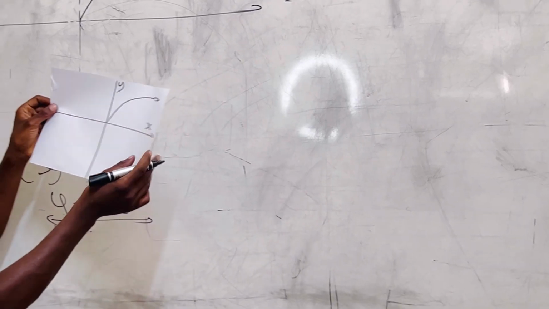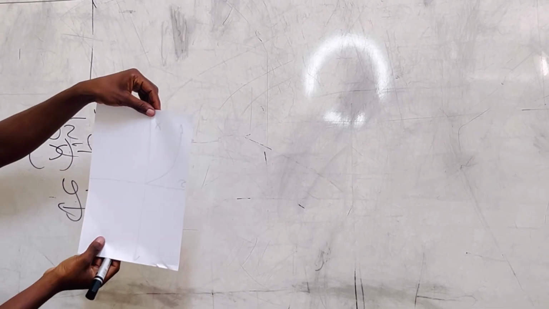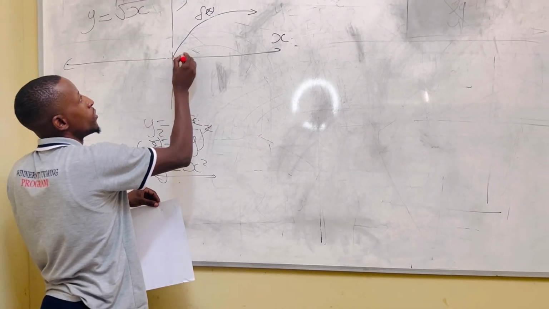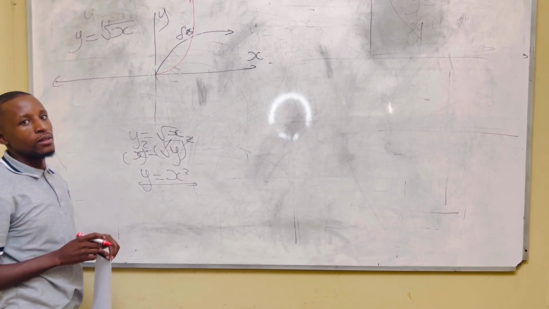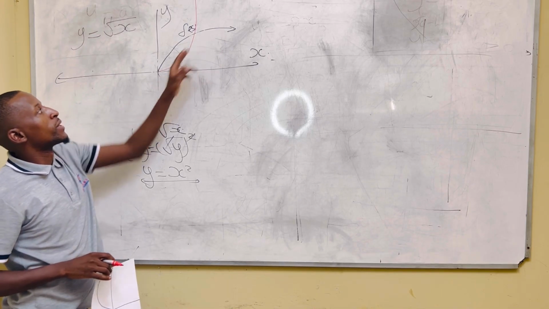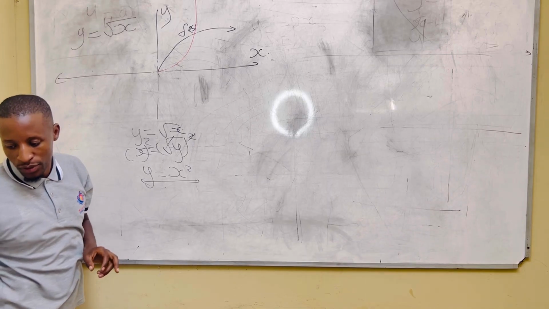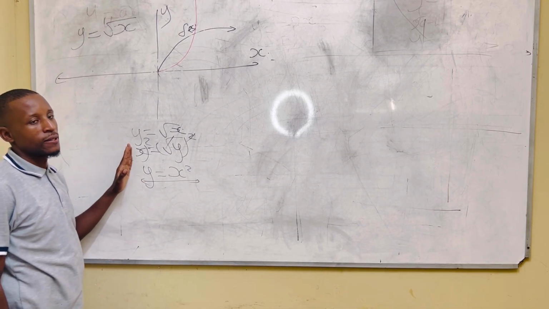If you are looking for its inverse, you turn your paper like this, you tilt it to the right. The shape of the inverse is going to go like this. So this will be its inverse. If this one has one arm, this one will also have one arm. That's how you go about dealing with this part.